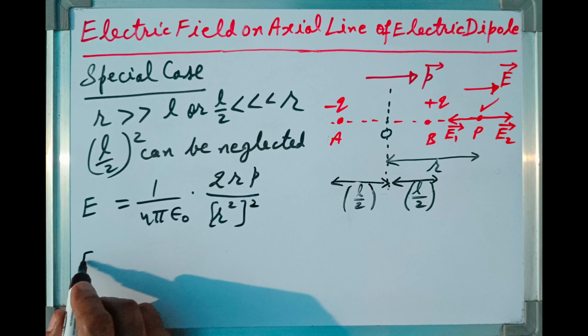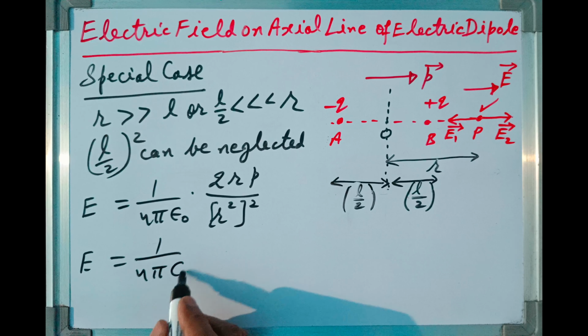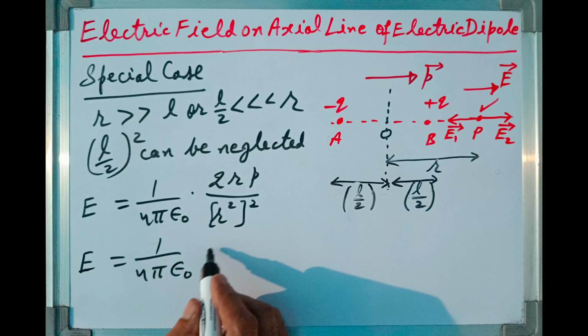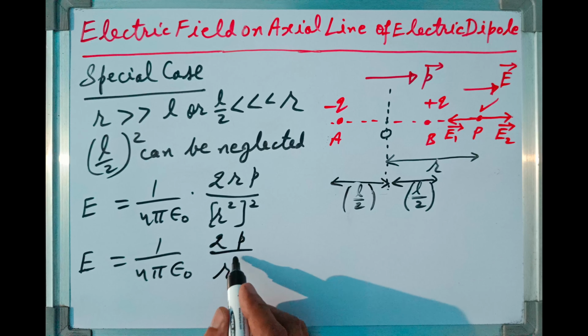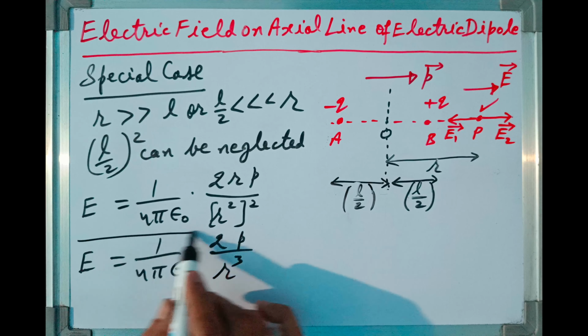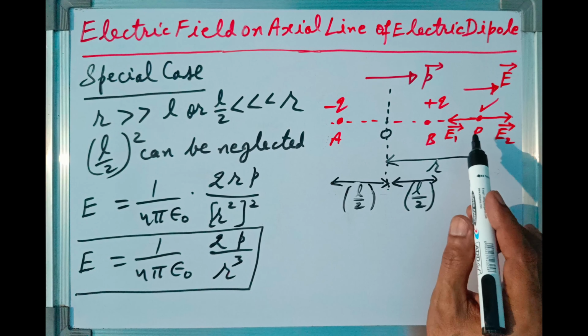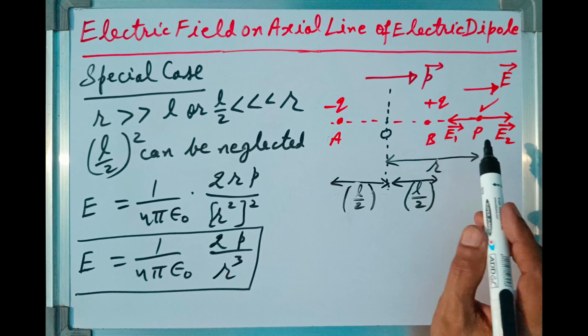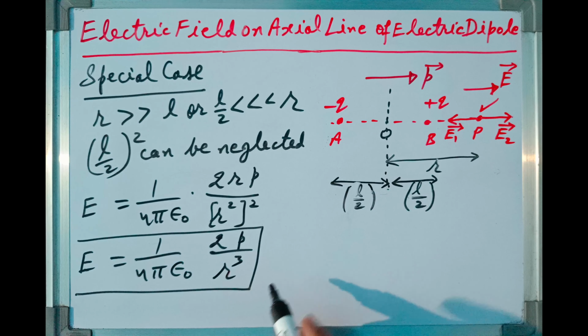After simplifying, I can write E is equal to 1 upon 4 pi epsilon naught 2p divided by r raised to power 3. This relation is used when the point of observation is far away from the dipole or when the size of the dipole is very small.